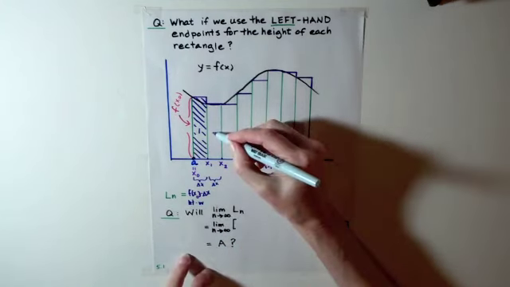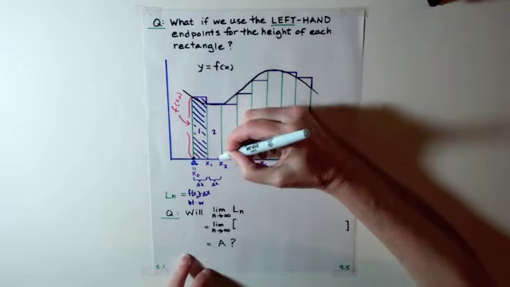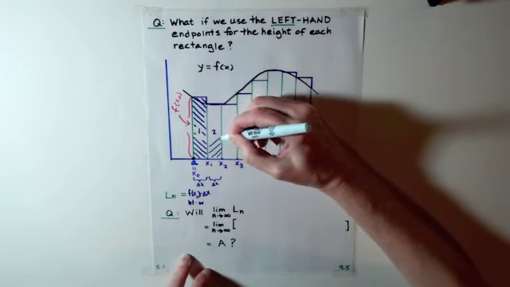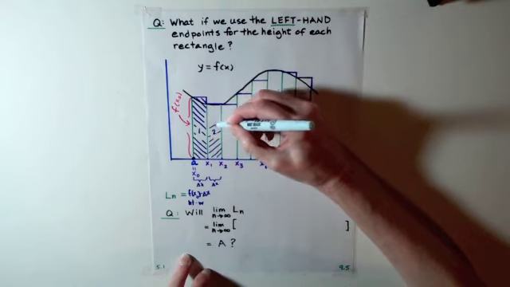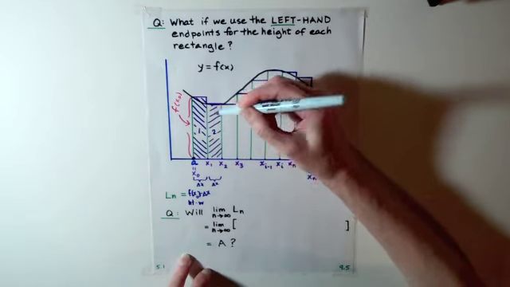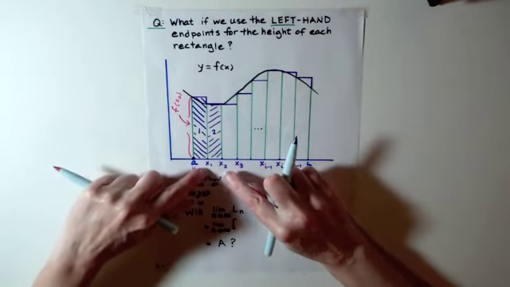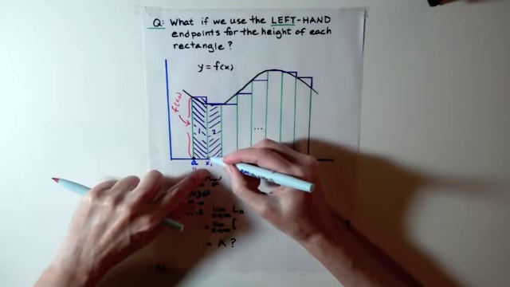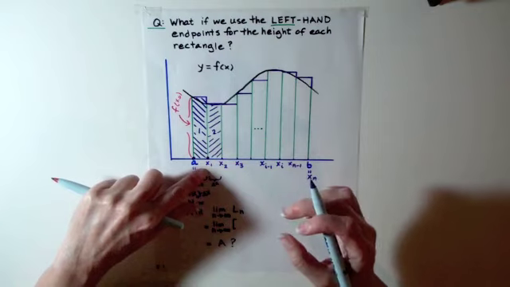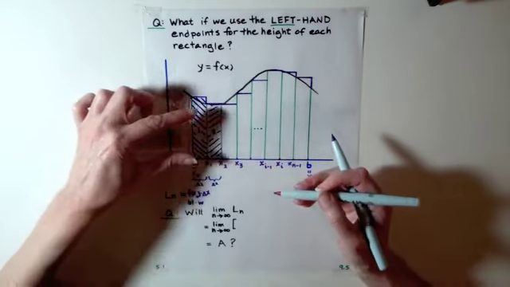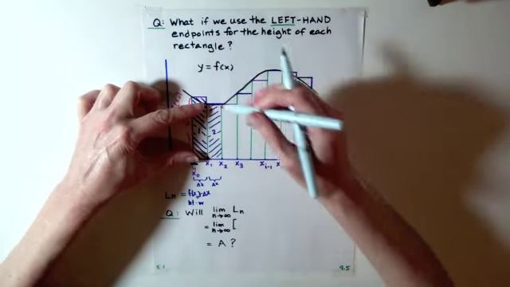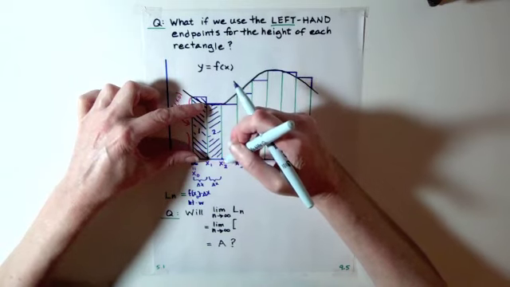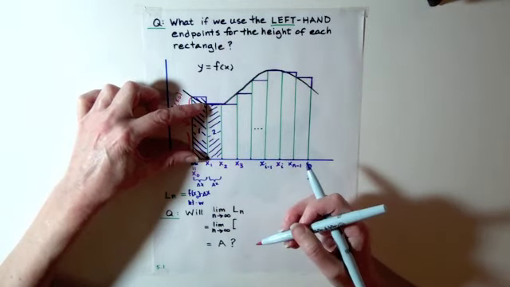Okay, for the second rectangle, let me shade it in the other direction. I want to look at the interval from x1 to x2. I'm supposed to use the left-hand endpoint to figure out the height of my rectangle, and so that would be this green height. You notice the rectangle has already been drawn for us, just so that you didn't have to draw quite so much.